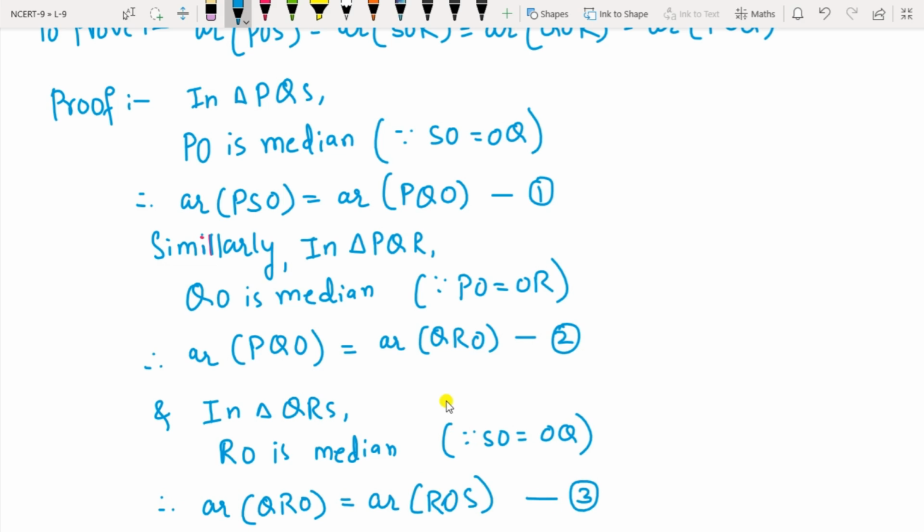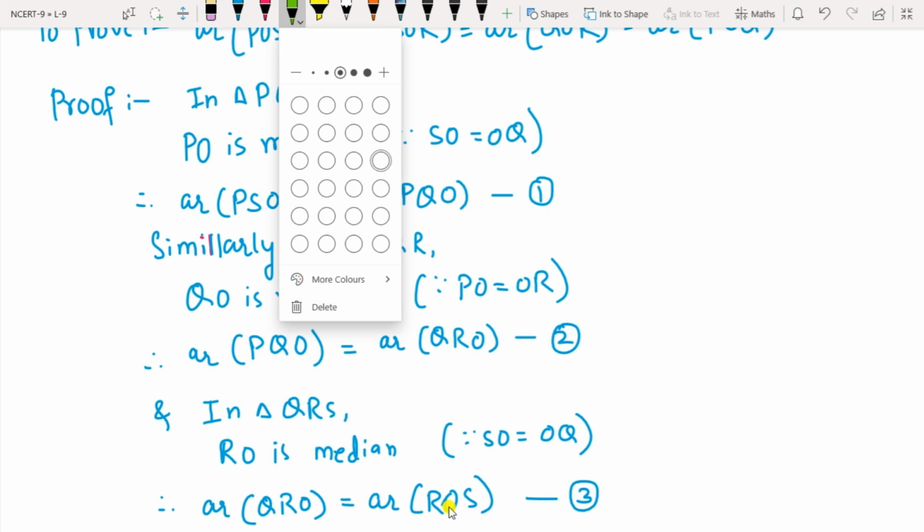Now from equation 1, 2 and 3, you can see that POS equal to POQ, then this POQ is equal to QRO, then this QRO is equal to ROS here.